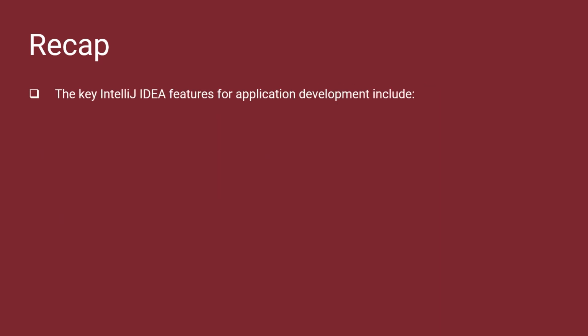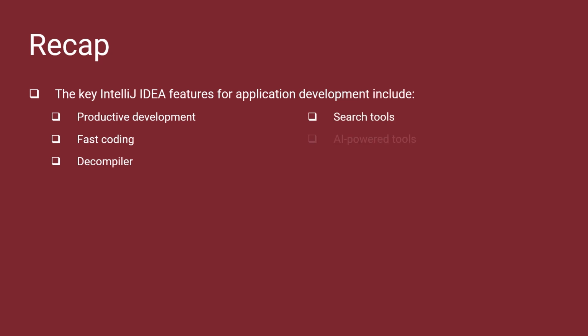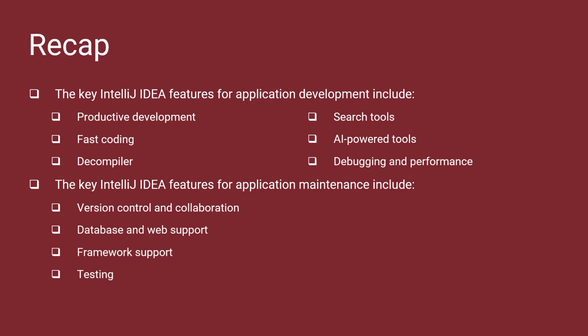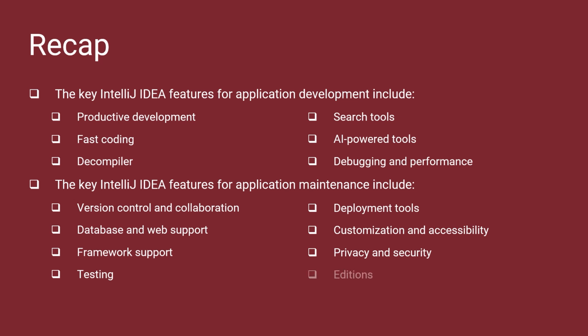The key IntelliJ IDEA features for application development include productive development, fast coding, decompiler, search tools, AI-powered tools, debugging and performance. The key IntelliJ IDEA features for application maintenance include version control and collaboration, database and web support, framework support, testing, deployment tools, customization and accessibility, privacy and security, additions.